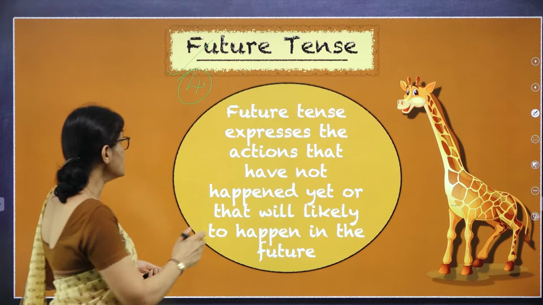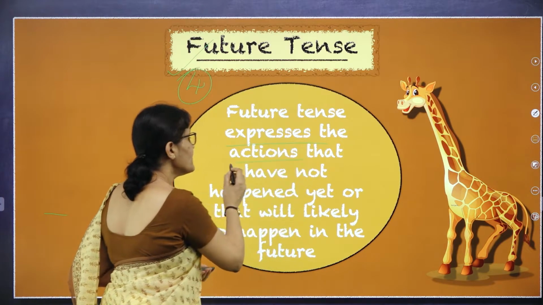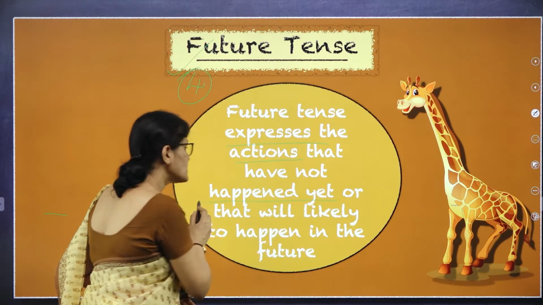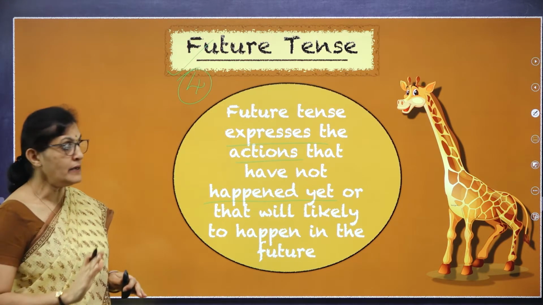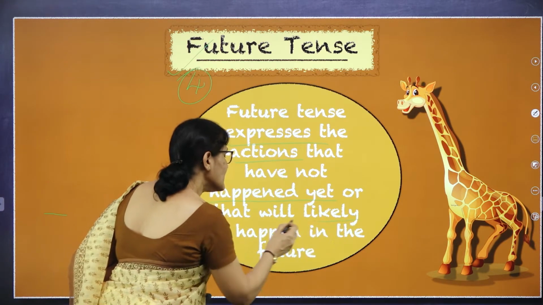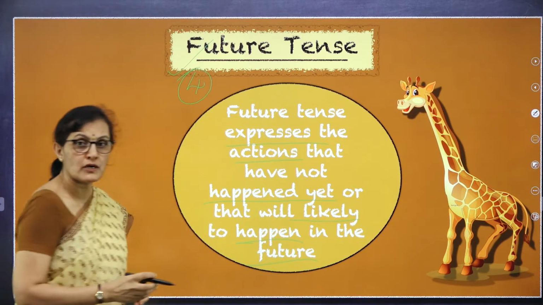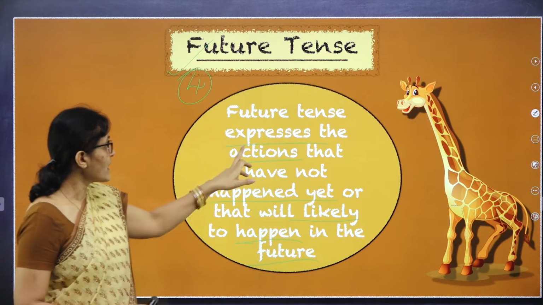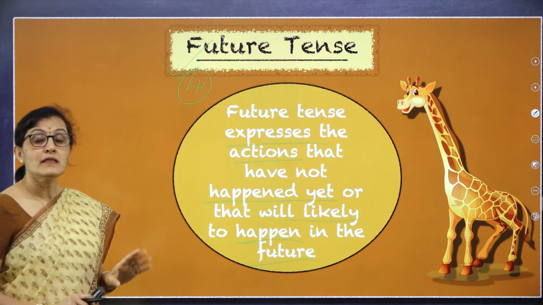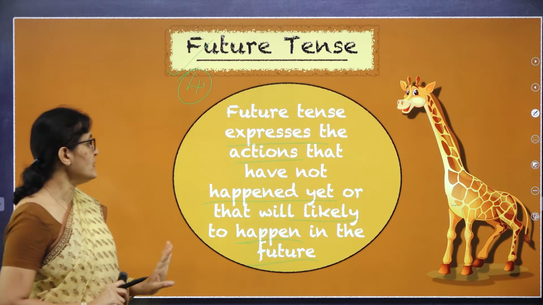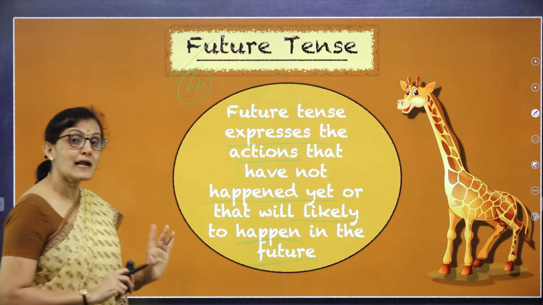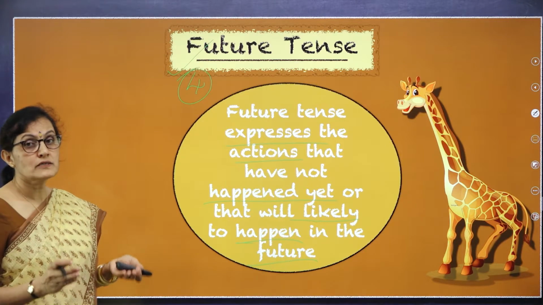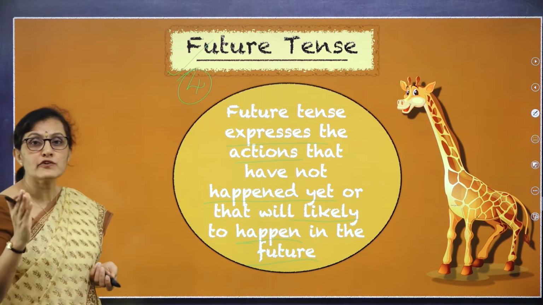A future tense expresses that the actions have not yet happened, but they are likely to happen in future. So what are the 4 kinds of future tense?